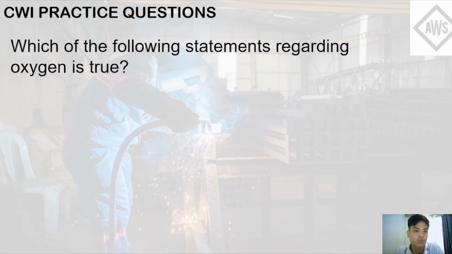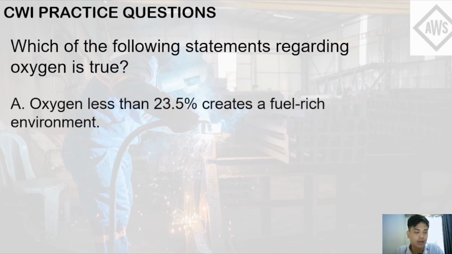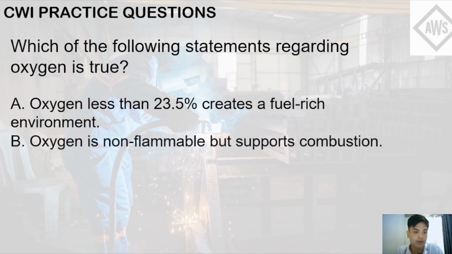Next question. Which of the following statements regarding oxygen is true? Letter A, oxygen less than 23.5% creates a fuel-rich environment. Letter B, oxygen is non-flammable but supports combustion.